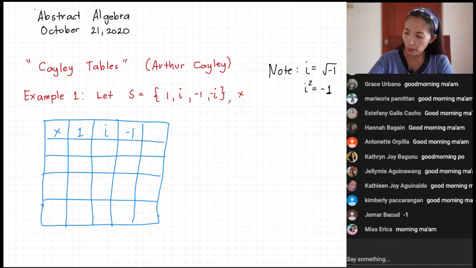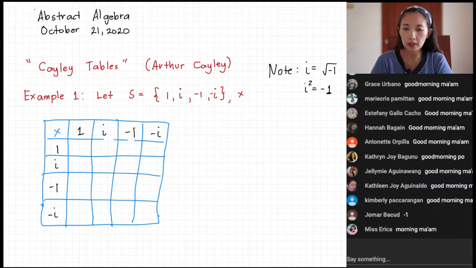Let me use black to distinguish it from the table. So 1, and then i, negative 1, and negative i. 1, i, negative 1, and negative i.